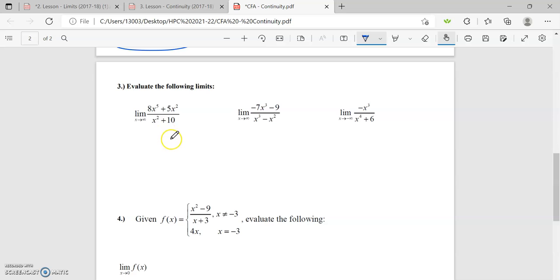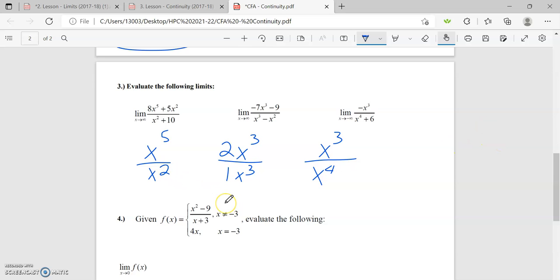So what we're really trying to do is look at both the top and the bottom, and we have 3 options. We're going to have an x to the 5th over x squared. We're going to have an x cubed, let's go 2x cubed over 1x cubed. Or we're going to have x cubed over x to the 4th.